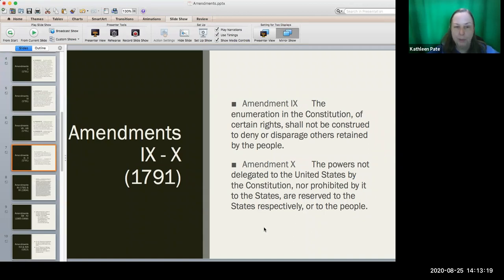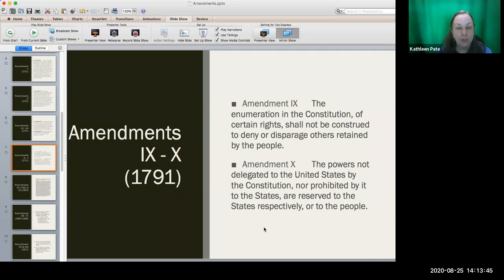So the total number of amendments, super easy. 10 amendments, 27, right? There are 27 amendments total. So in the last 229 years, we've only changed the Constitution 17 times.